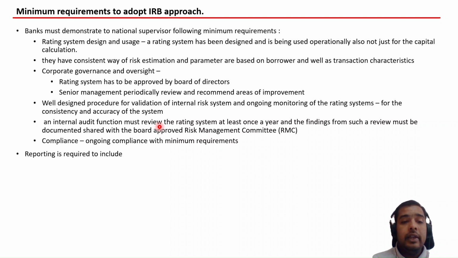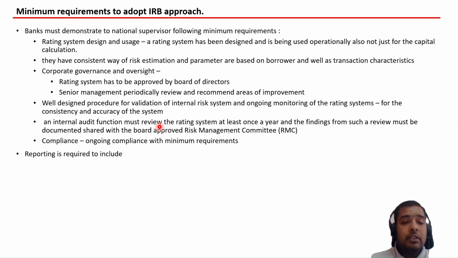There should also be an internal audit function which must review the rating system at least once a year, and any finding must be documented and shared with the board-approved risk management committee.